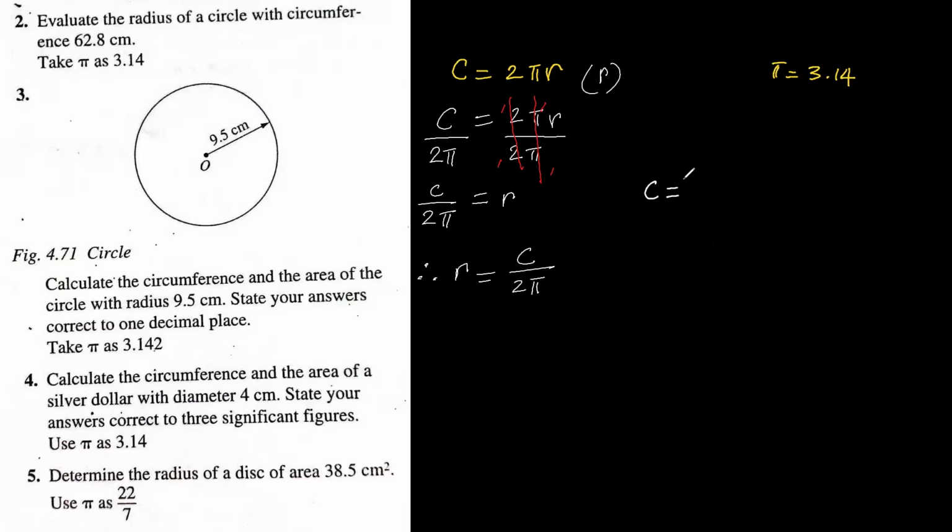C is equal to 62.8. And they gave us what pi is. Pi is equal to 3.14. So you're just substituting C divided by 2 times 3.14.